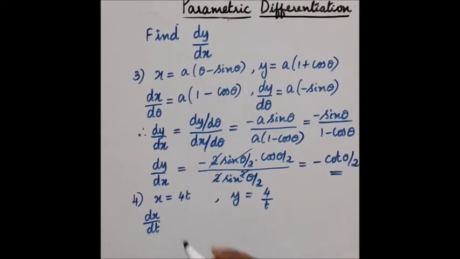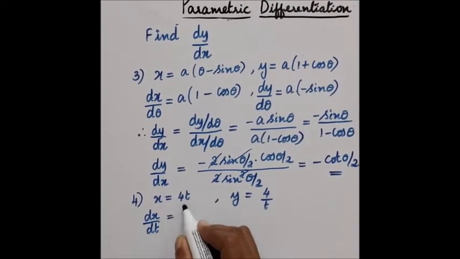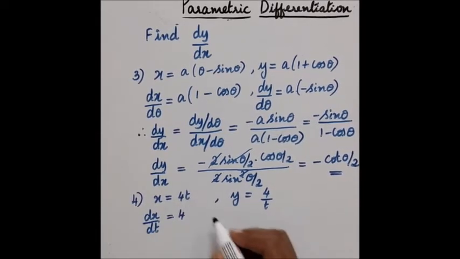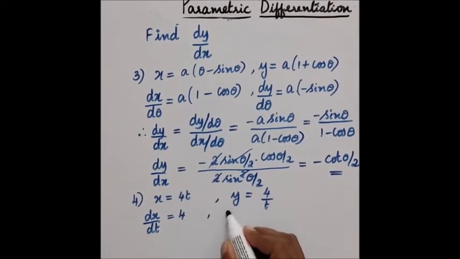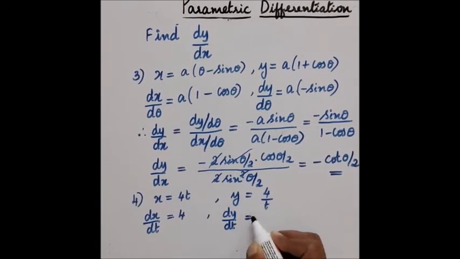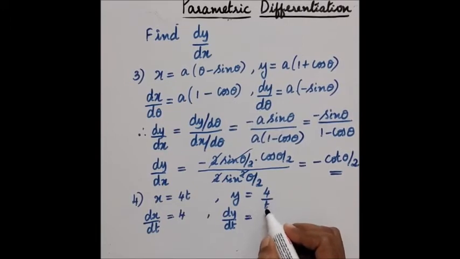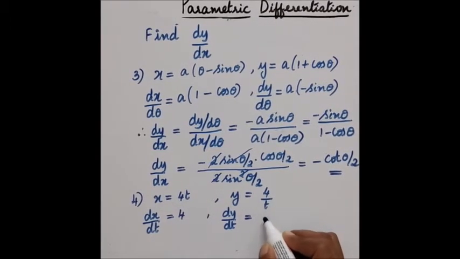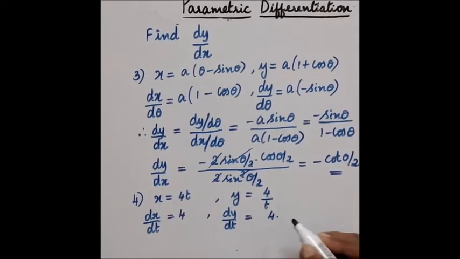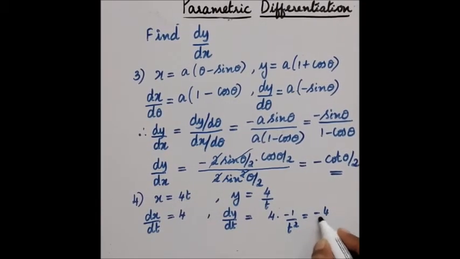So dx by dt, 4 into derivative of t with respect to t is 1. Similarly, dy by dt, derivative of 4 by t, that is 4 into 1 by t. So 4 into derivative of 1 by t is minus 1 by t square. So it is minus 4 by t square.